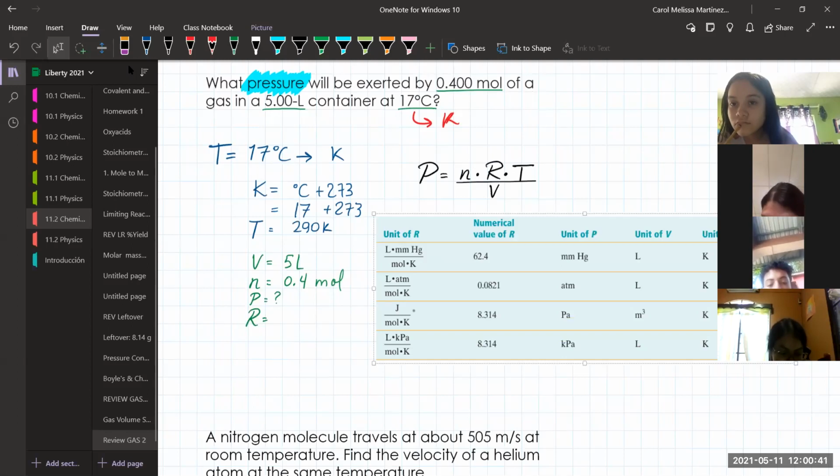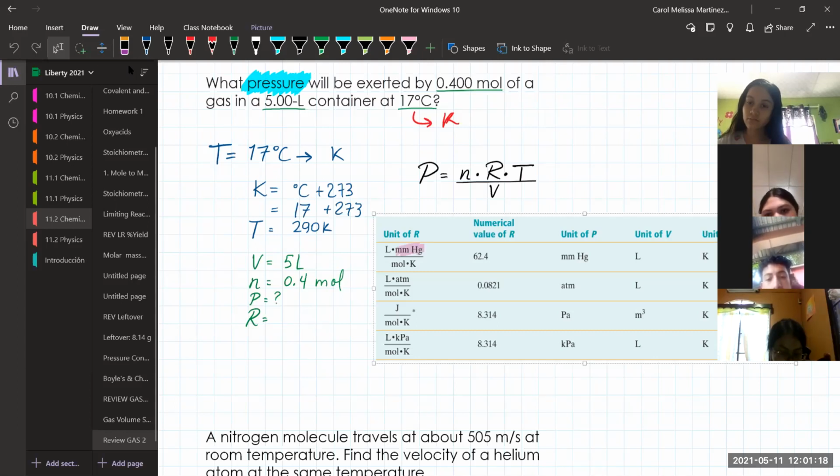But sometimes the problem tells you to give the pressure in torr, for example, or in millimeters of mercury, or in atmospheres, or in pascals. If the problem tells you, you have to do the conversion. If it's asking for millimeters of mercury, you have to use the first R that we have here, because this one is in millimeters of mercury.